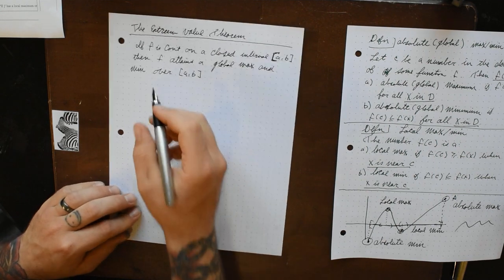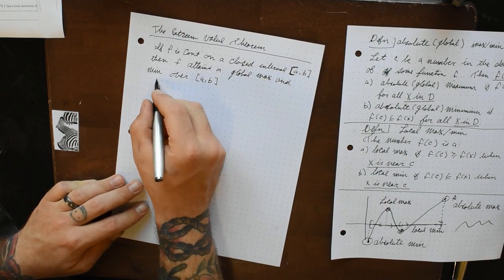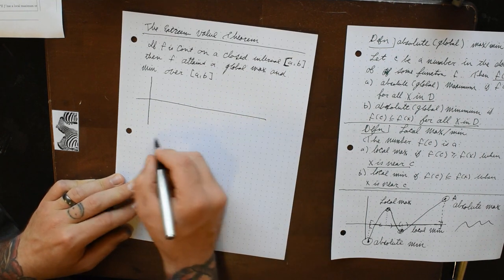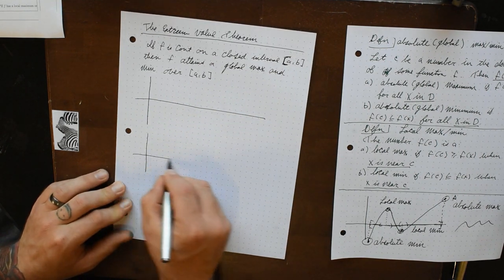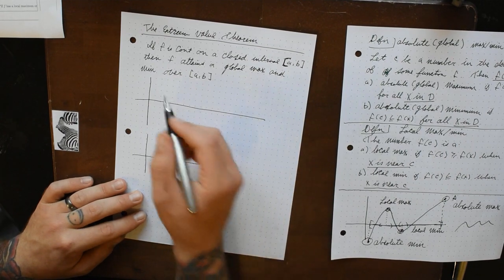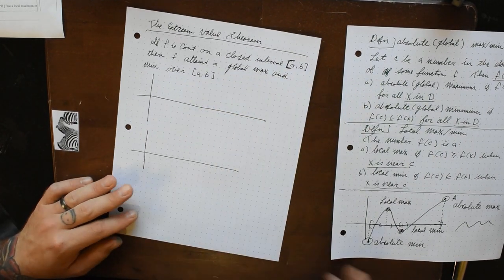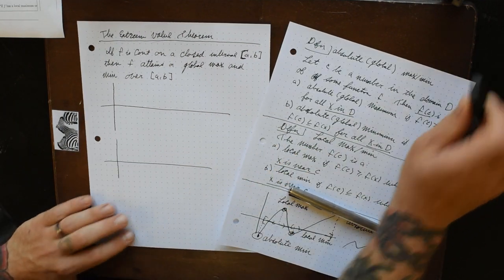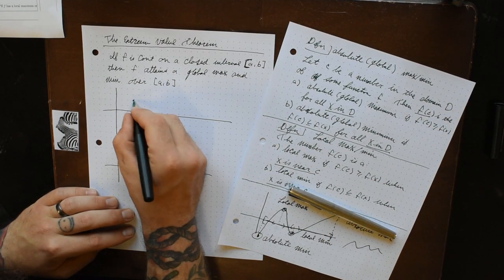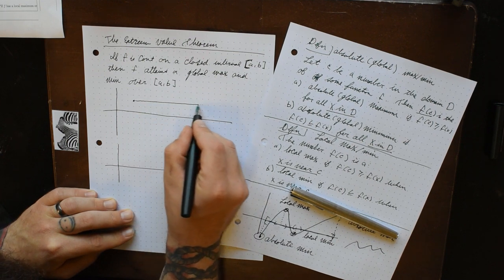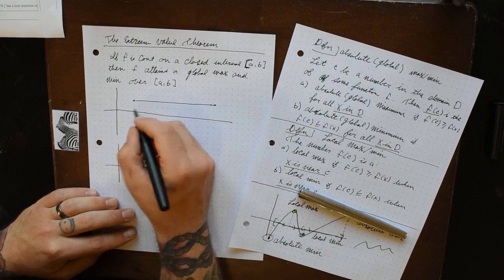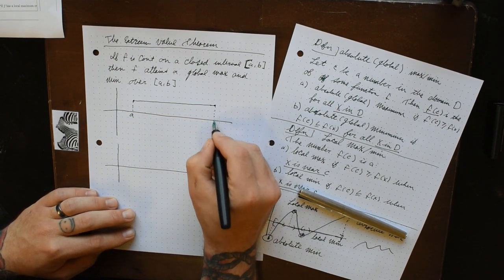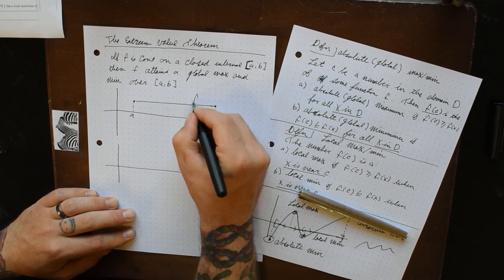Let's draw some pictures. We have two cases. So case one is f is constant. If f looks like this, and we'll say that this is a, and this is b, and this is f.